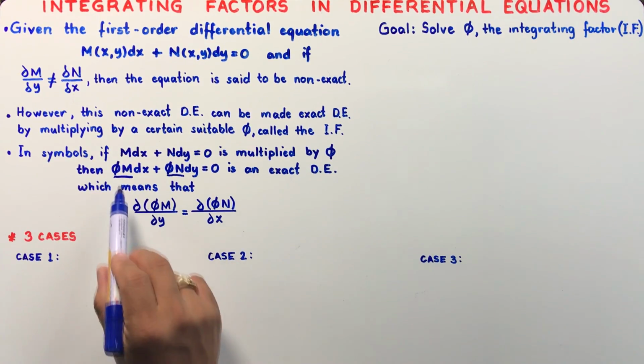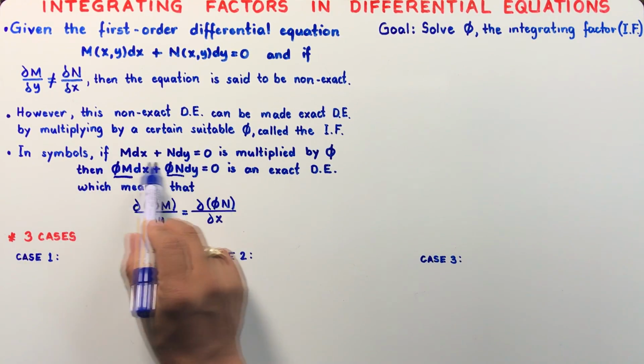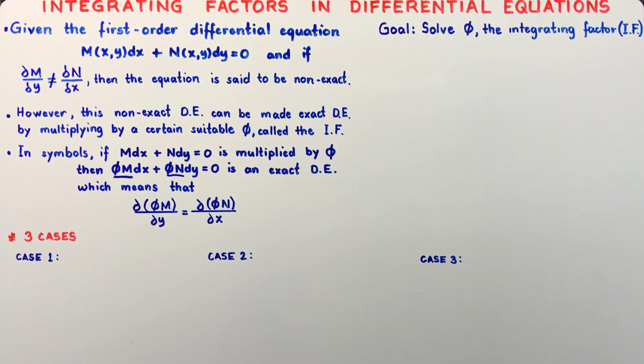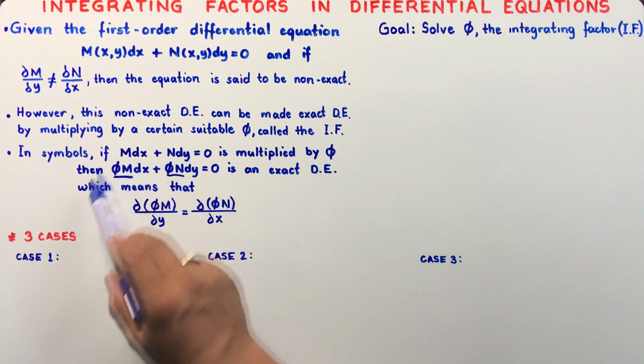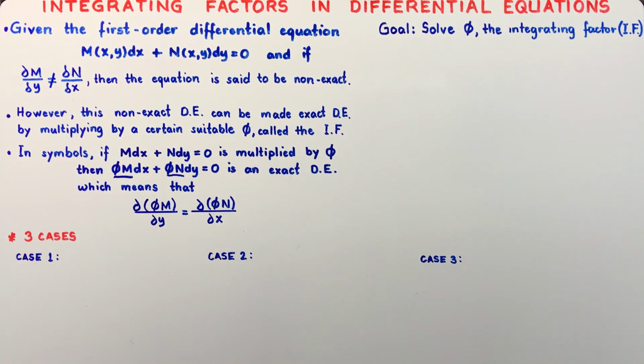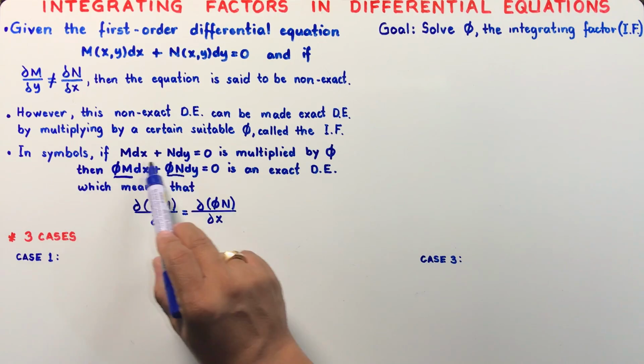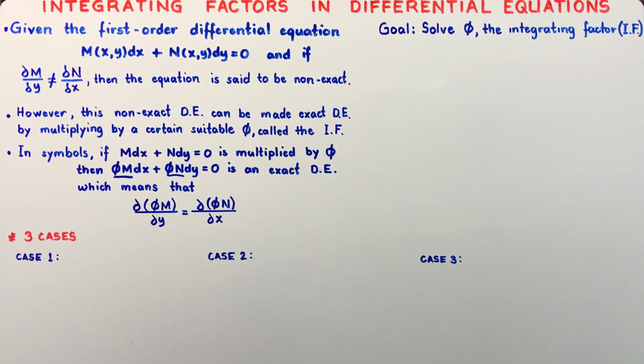So what we did here is we just multiplied the differential equation by the integrating factor phi, so that this differential equation can be converted to an exact differential equation.